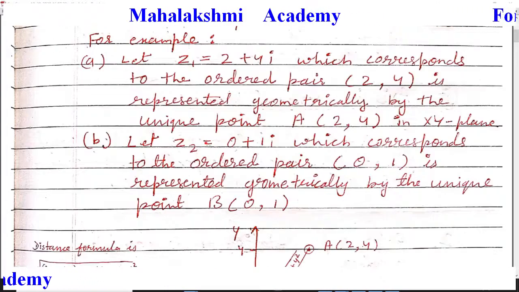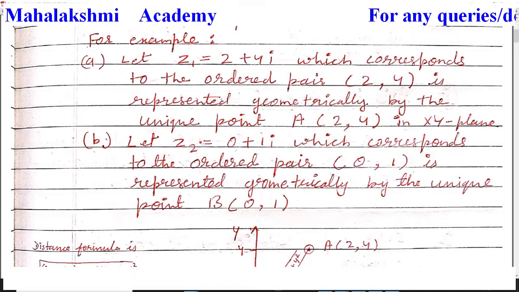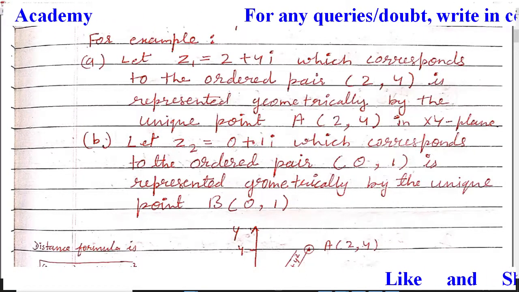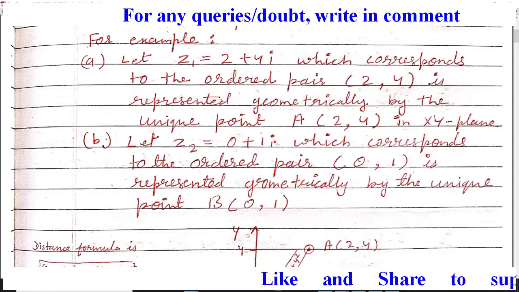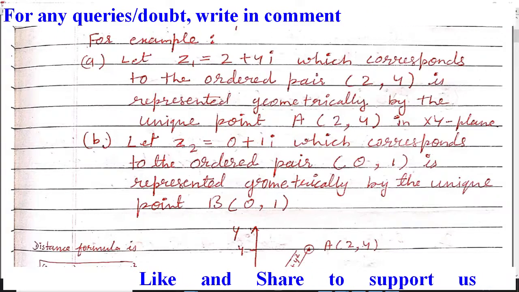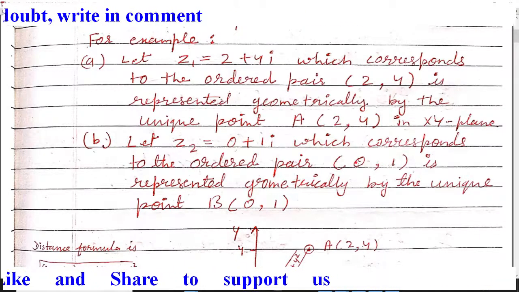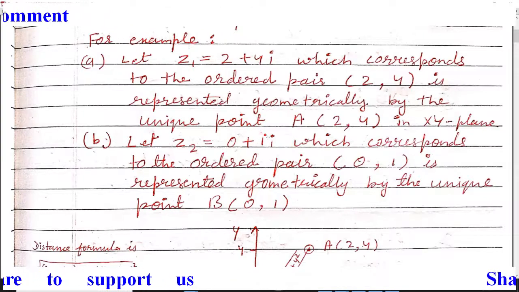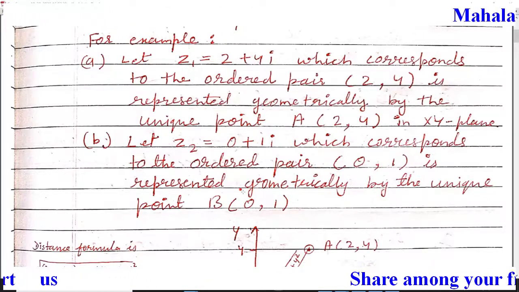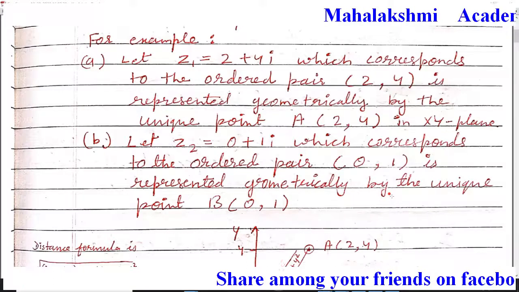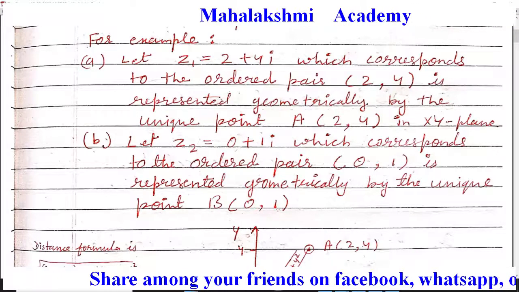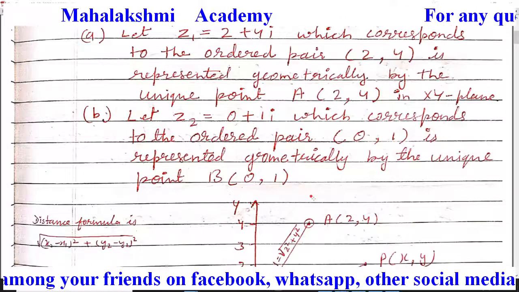In the same way, the next complex number I took as an example is 0 plus 1 iota, which corresponds to the ordered pair 0 comma 1, because here the real part is 0 and the imaginary part is 1, and it is represented geometrically by the unique point B(0, 1). Now just see in the graph how we have represented.